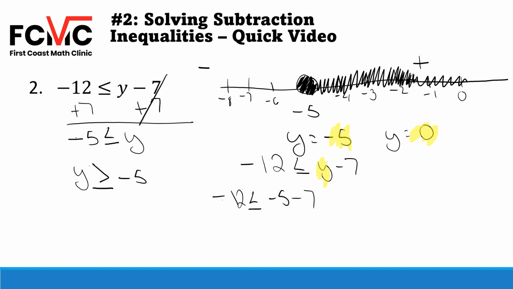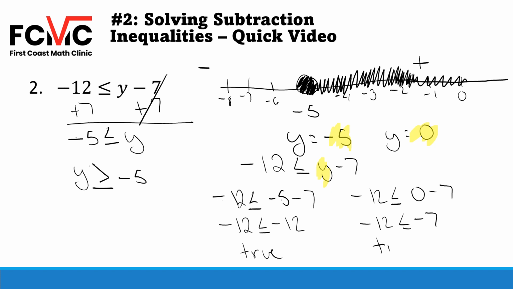So negative 12 is less than or equal to negative 5 minus 7. And negative 5 minus 7 is negative 12. So negative 12 is less than or equal to negative 12, which is true. And then let's do 0. So negative 12 is less than or equal to 0 minus 7, and negative 12 is less than or equal to negative 7, which is also true because, again, think of our number line.